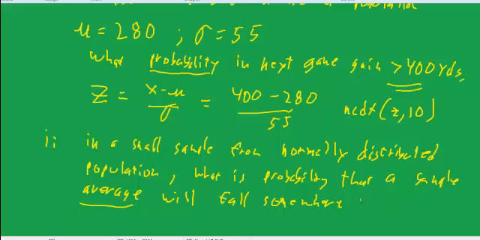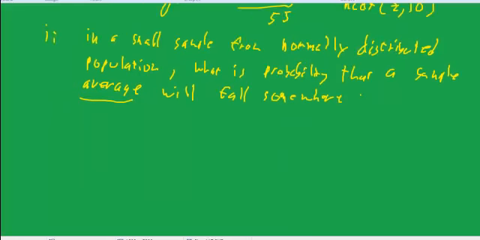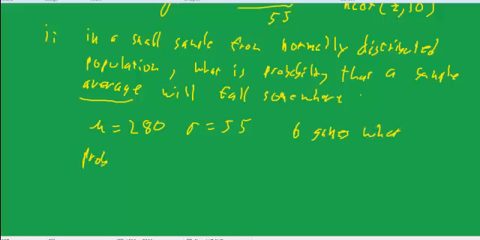And I'll give an example of what I mean by somewhere. Again, let's say the Redskins average 280, standard deviation of 55, and now they're going to play 6 games. What is the probability that they average less than 300? We could have said average less than, greater than, or in between; we could do a bunch of things. But let's say less than 300.